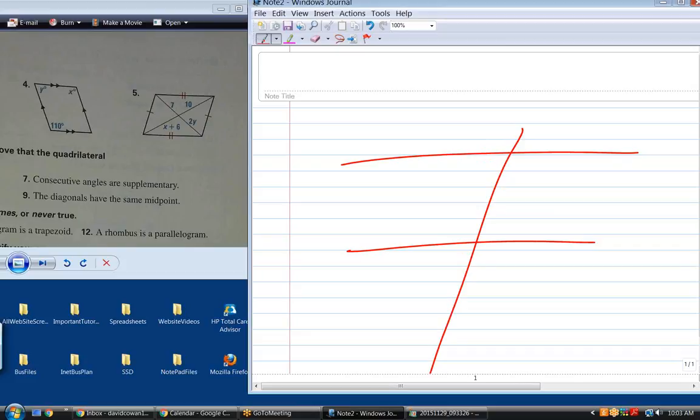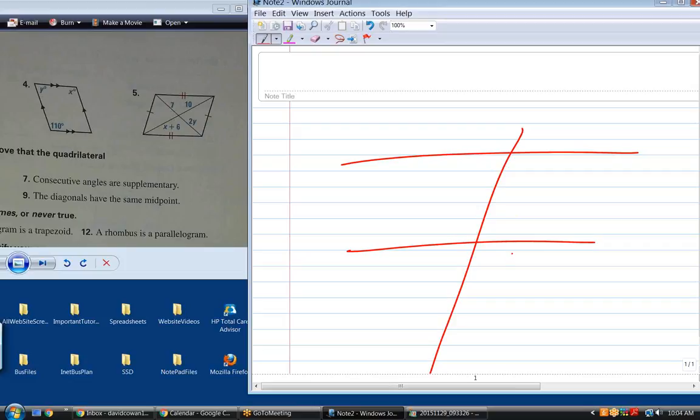Adjacent? Yes. What are adjacent angles? Adjacent angles are supplementary. That's it. Those are the two things you need to know about parallel lines and transversals: either you have equality or you have supplementary.